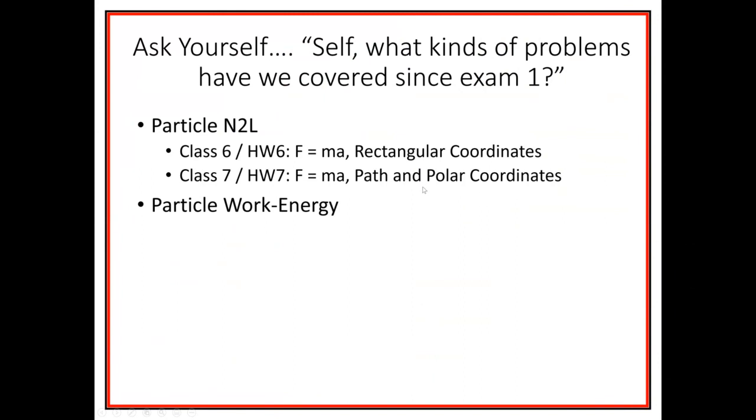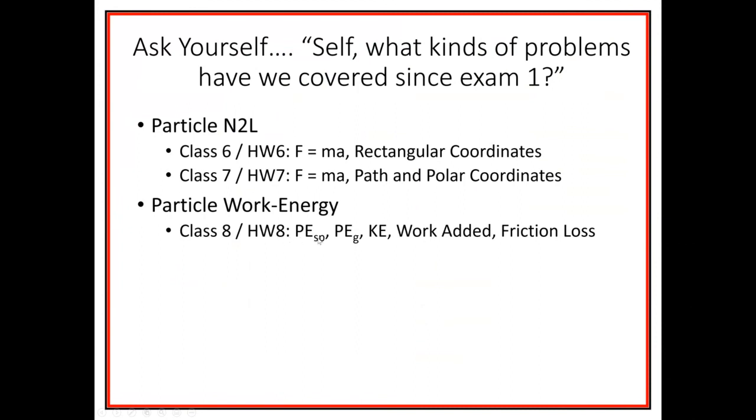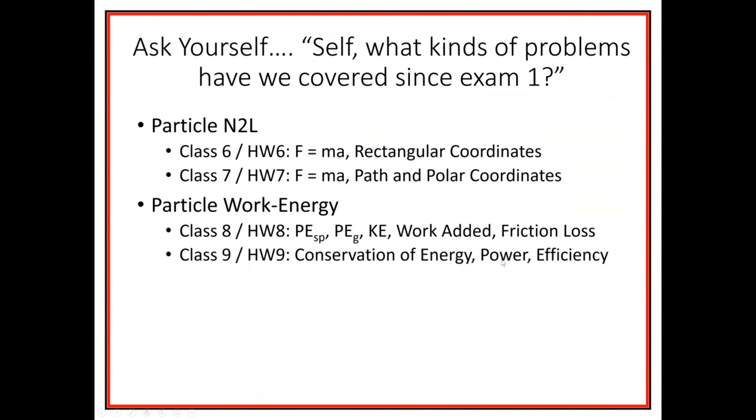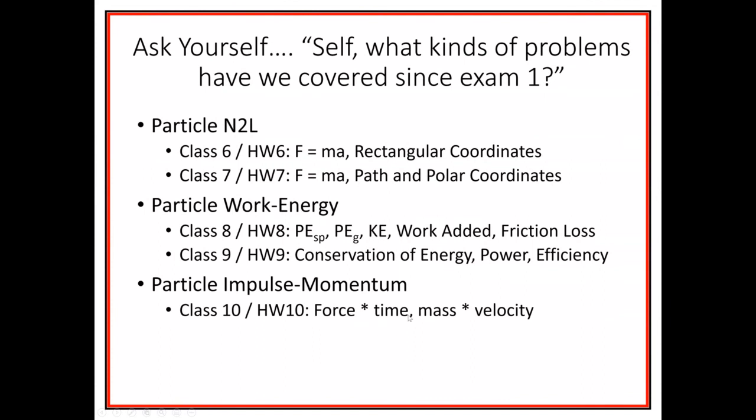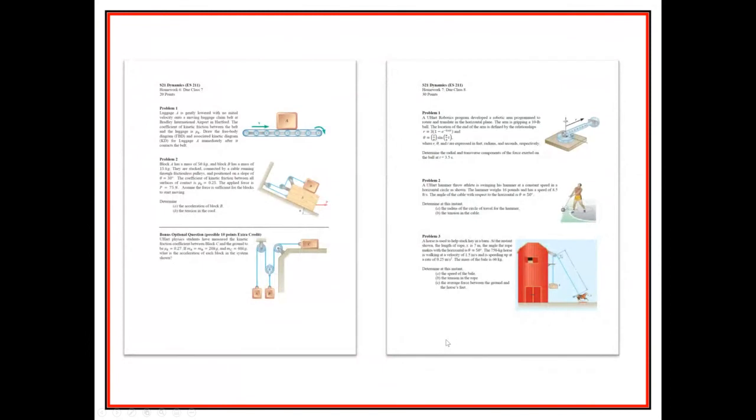Particle work and energy: we did all of the main work and energy stuff with potential energy, kinetic energy, work added, friction loss, and then a little bit more of that with more complicated problems and more conservation of energy, power, and efficiency in class 9, homework 9. Impulse and momentum: we know that force times time is impulse, mass times velocity is momentum. And then in class 11, we added collisions and the coefficient of restitution.